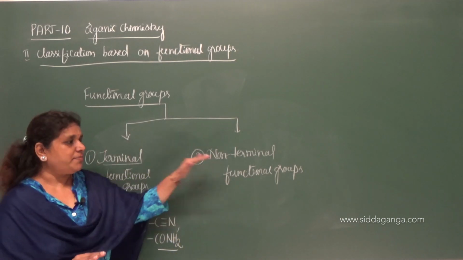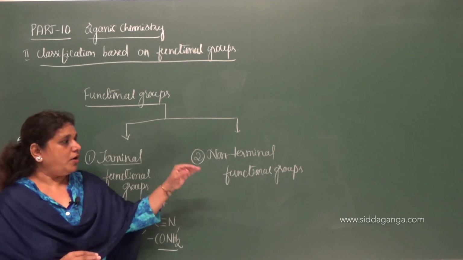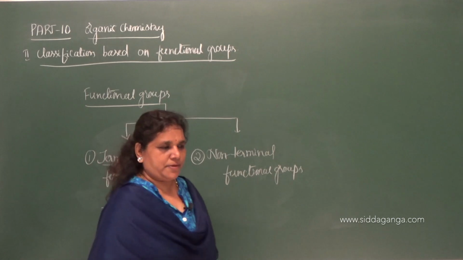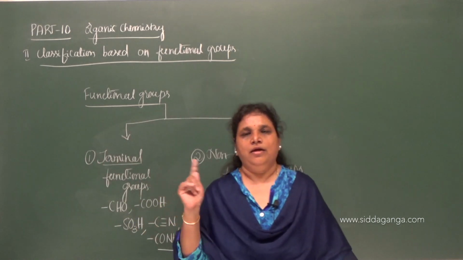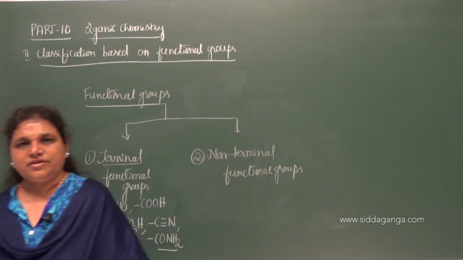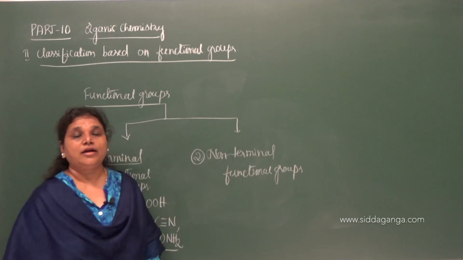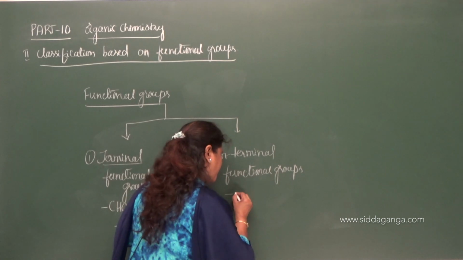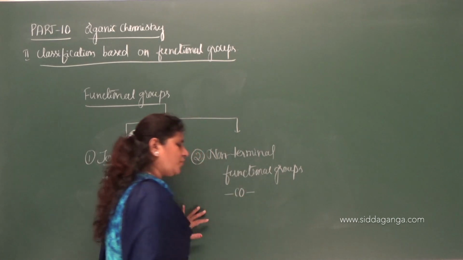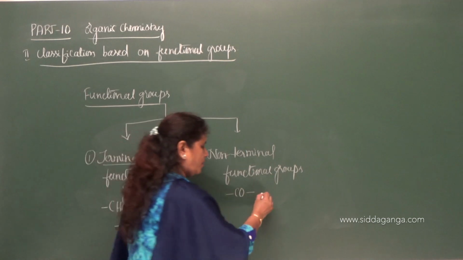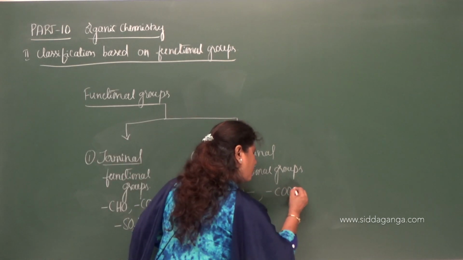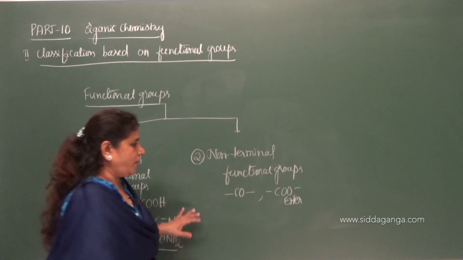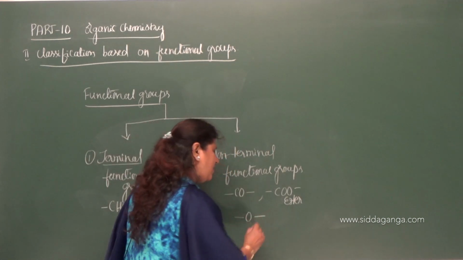So what are the examples? Examples we can give: ketone group, CO is a ketone group, and COO is called ester. Ester functional group you can give, and one more is ether.